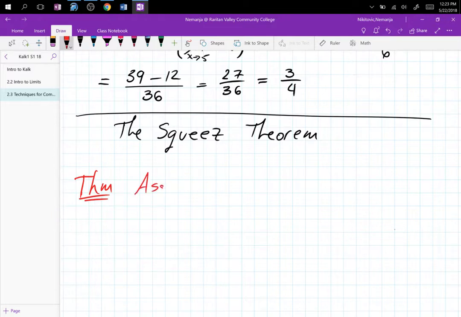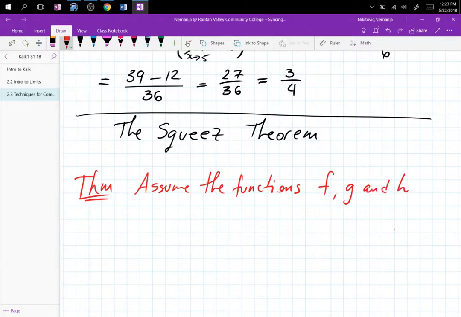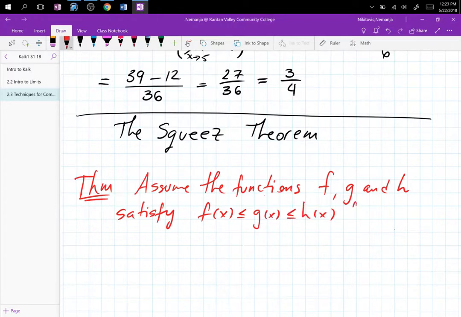Assume the functions f, g, and h of x satisfy f of x is smaller than g of x is smaller than h of x, for all values of x near a, except possibly at a.